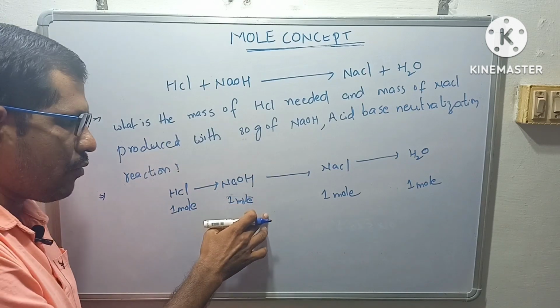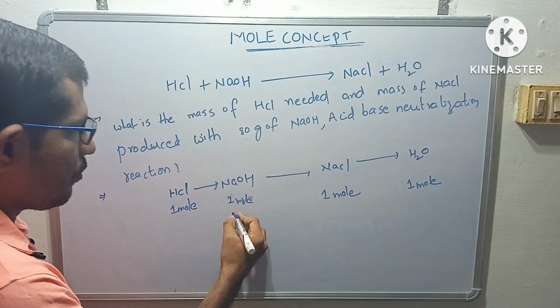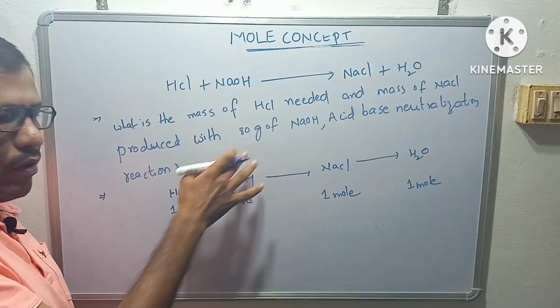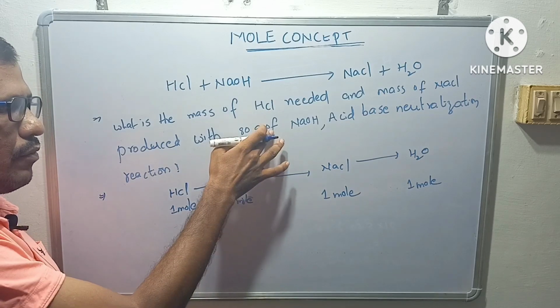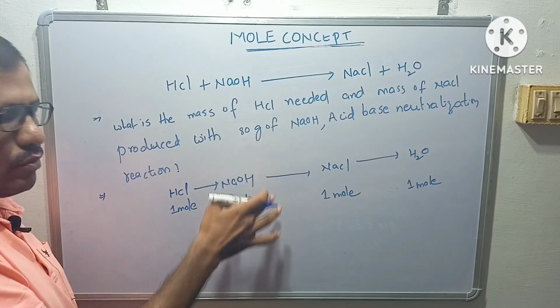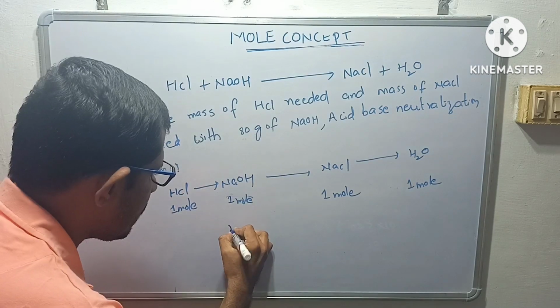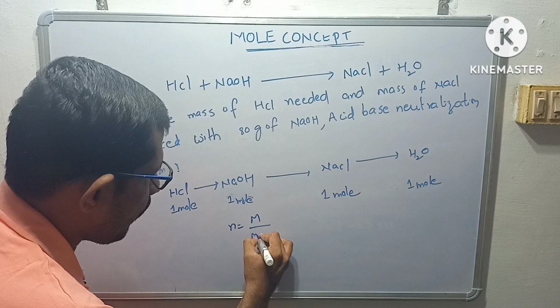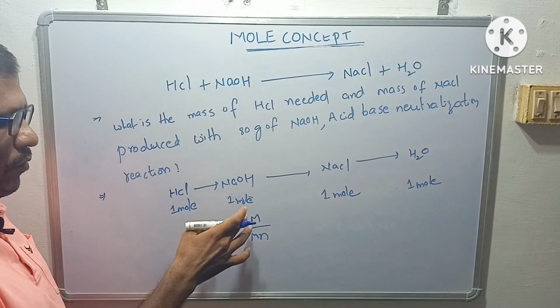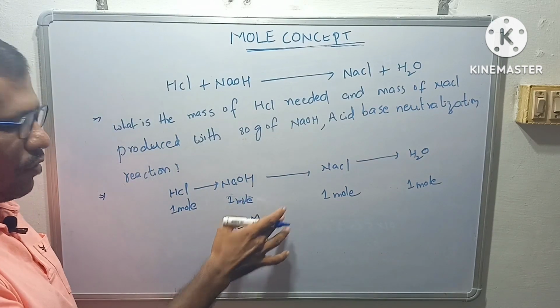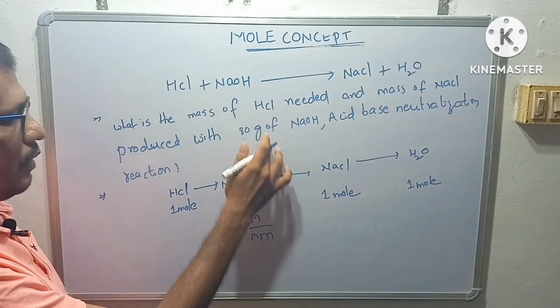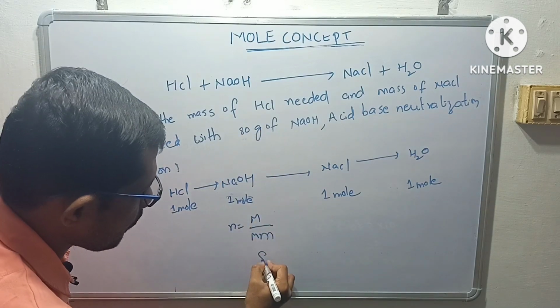So what is the formula to convert mass to moles? We are converting NaOH mass to NaOH moles. Moles equal to mass by molar mass. In the question he has given 80 grams.